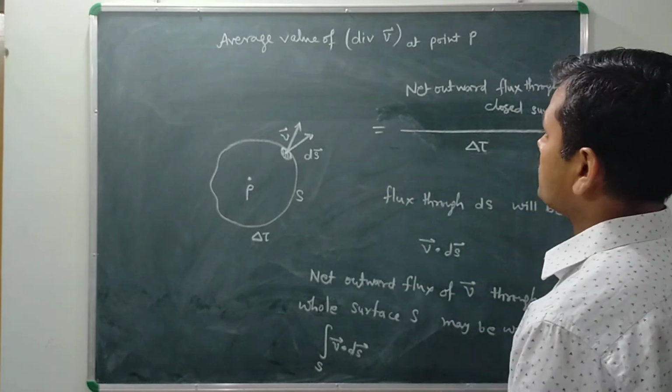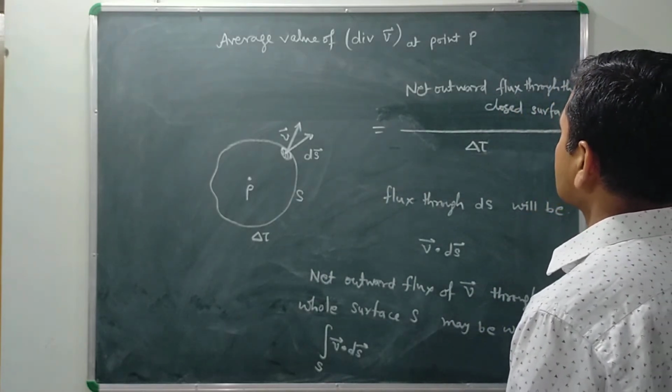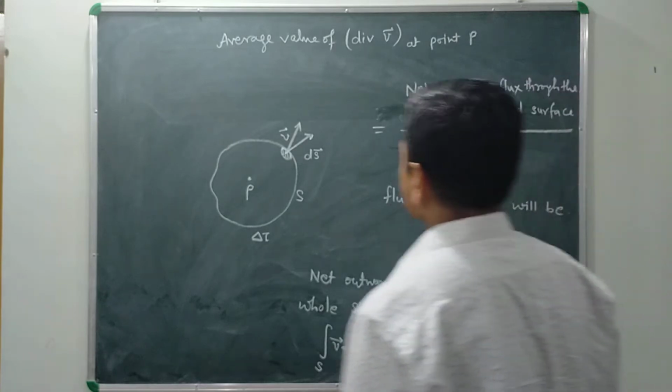This ratio will give you the average value of the divergence of vector V at point P.